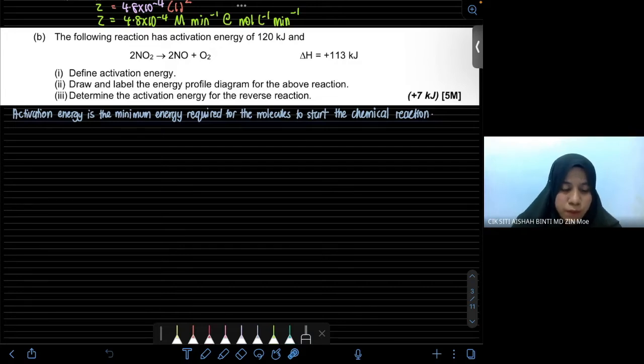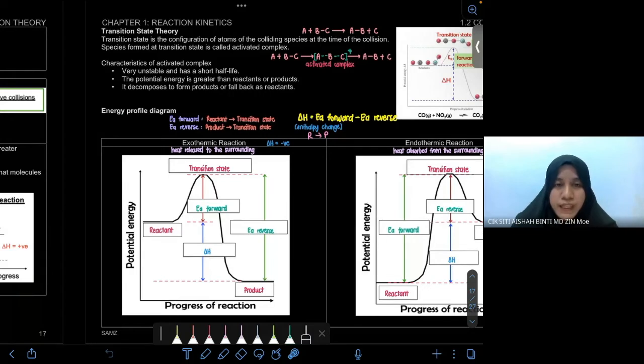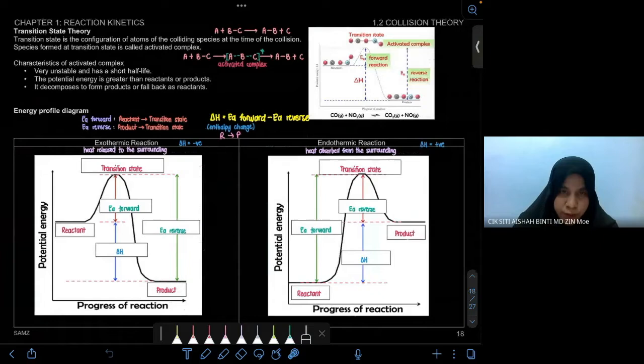Question number 2, they ask you to draw and label the energy profile diagram for the above reaction. For energy profile diagrams, we have learned about endothermic and exothermic. This can be found in your notes, on page 18. In the Google Form that I gave, I also asked quite a lot about endothermic and exothermic.